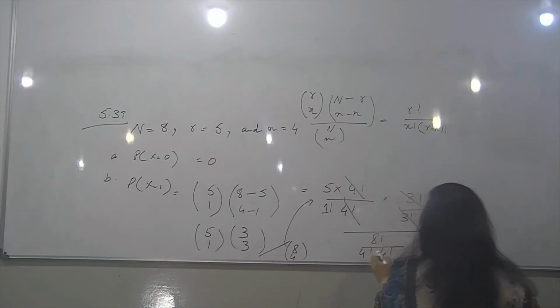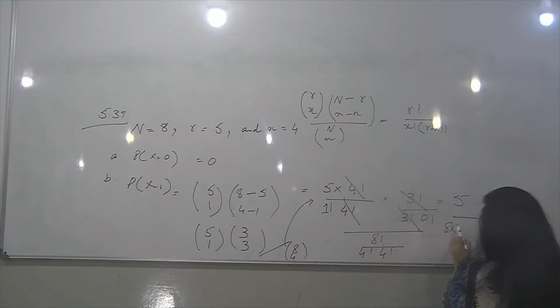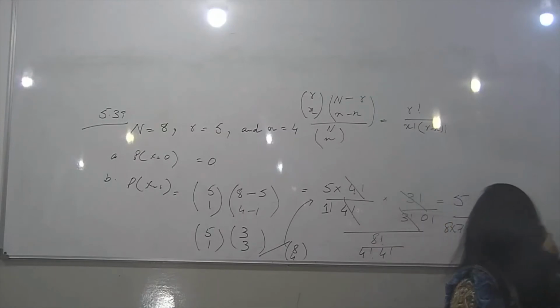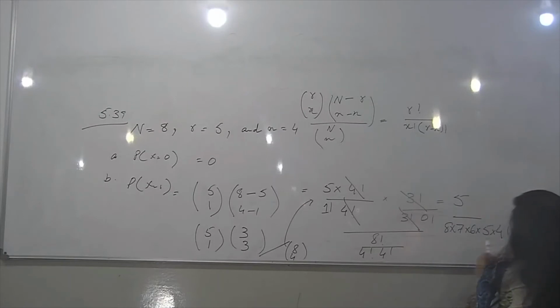Now we have 8 factorial, so I'm going to be opening this entire thing as 8, 7, 6, 5, 4, 3, 2, 1. Now do remember this, I don't have to open this 4, 3, 2, 1 because this is just 4 factorial, okay? So I'm just going to be rewriting it as 4 factorial and I'm going to be dividing it with the 4 factorial and 4. So I'm going to be just opening this, okay? 4, 3, 2, 1.